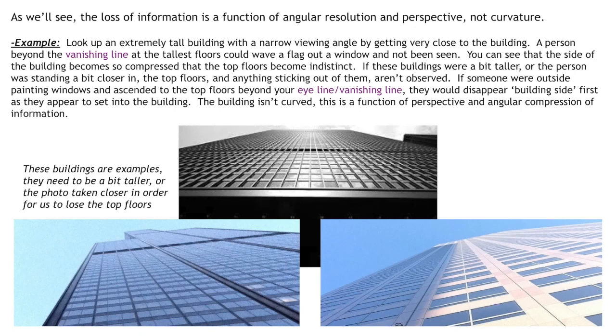So if someone were outside painting windows and ascended to the top floors beyond your eye line or vanishing line, they would disappear building side first as they appear to set into the building. The building isn't curved. This is a function of perspective and angular compression of information.